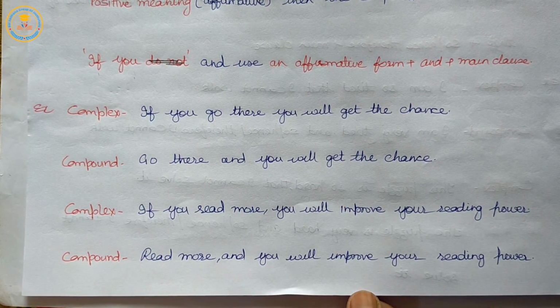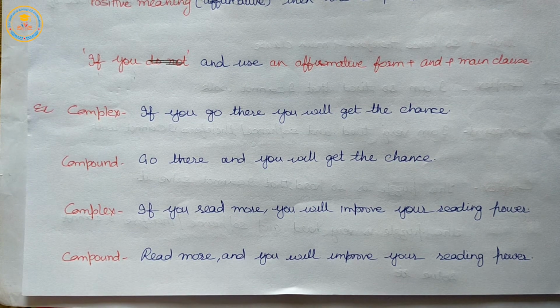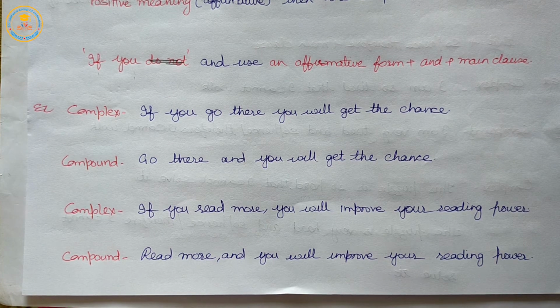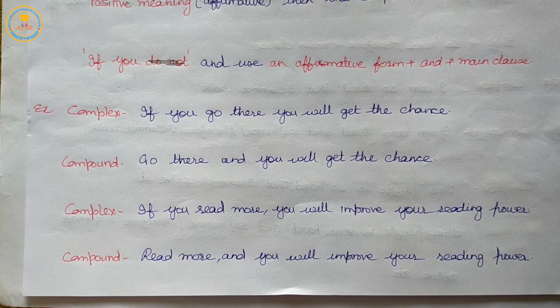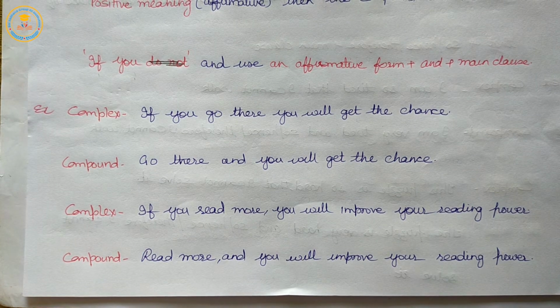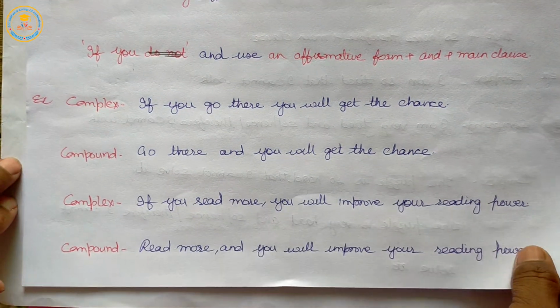So carefully read these two rules. While transforming complex into compound sentence with negative meaning, we will remove if you do not, and while transforming this complex into compound sentence having affirmative meaning, we will remove if you. So thoroughly read these sentences and rules carefully.